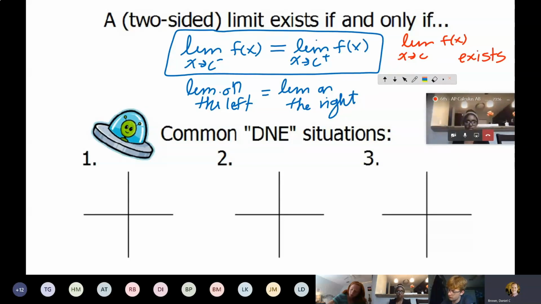So I said a lot of these notes are going to be visual, so I'm just going to show you examples of graphs: when you see a graph that looks like this, this is what it means. When you see a graph that looks like that, this is what it means. So some common does not exist situations, where we're just talking about what's happening at some random x value c for all of these.